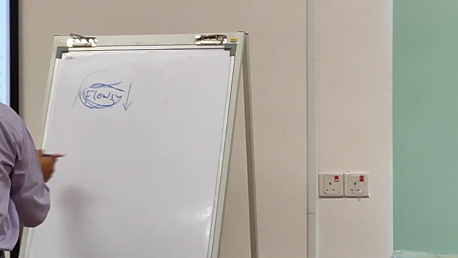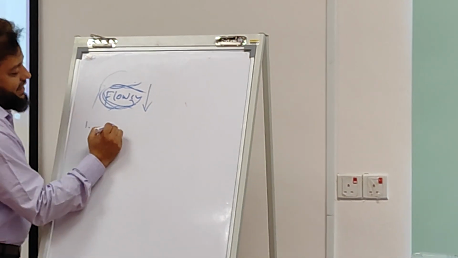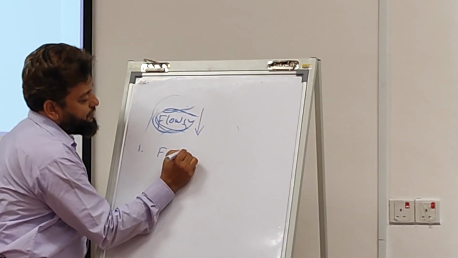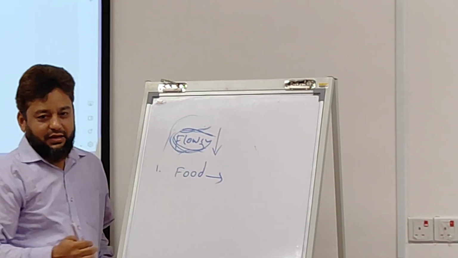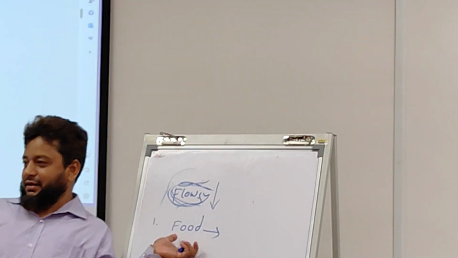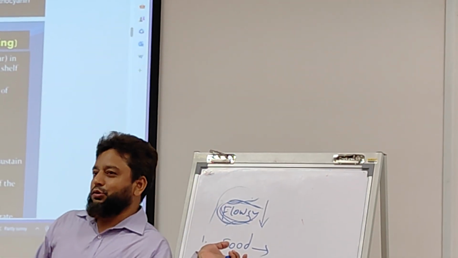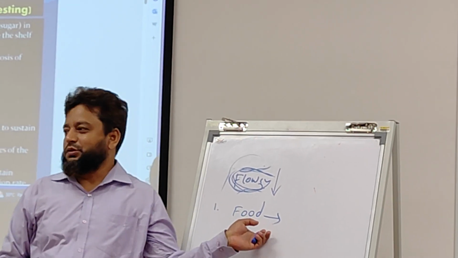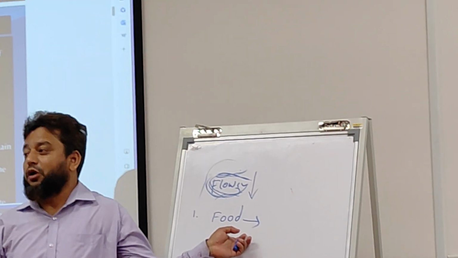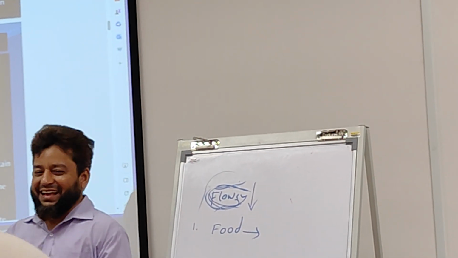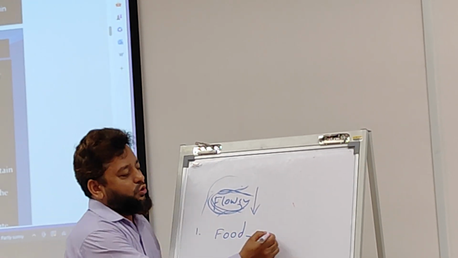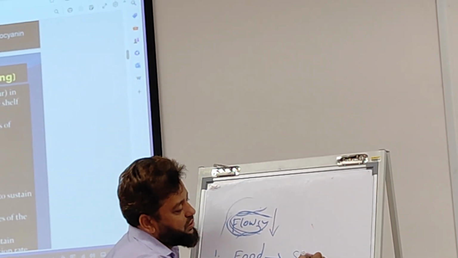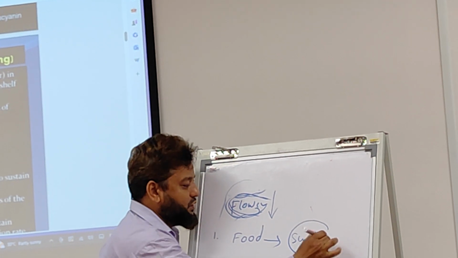So it means we need to give food, sugar. How many types of sugar are there? Can you tell me? We need to give the sugar, and there are so many types of sugar.